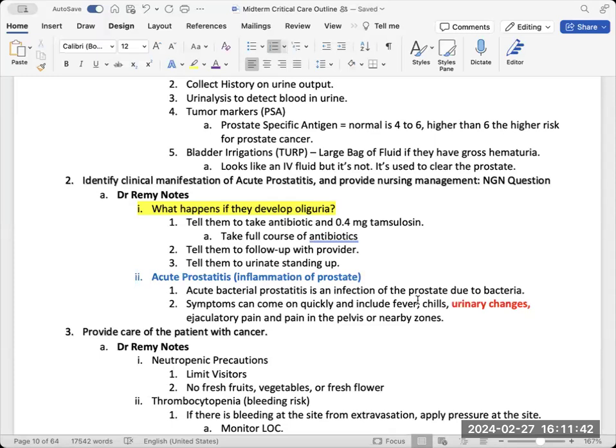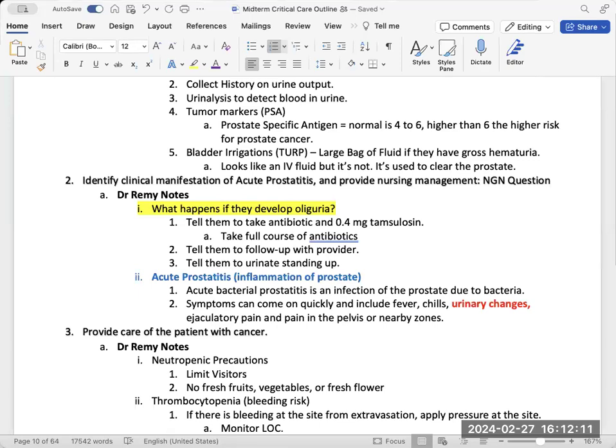And why do we want to tell them that they should urinate standing up? What is the rationale behind that? Because I'm personally not too sure why they have to urinate standing up. Like, why is that better? Maybe the gravity, I don't know.